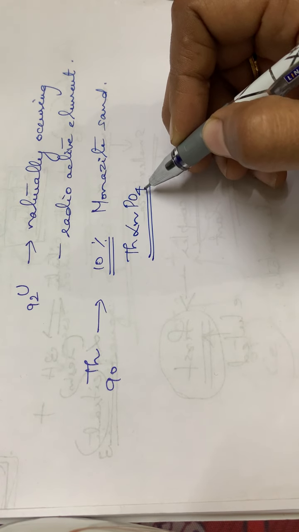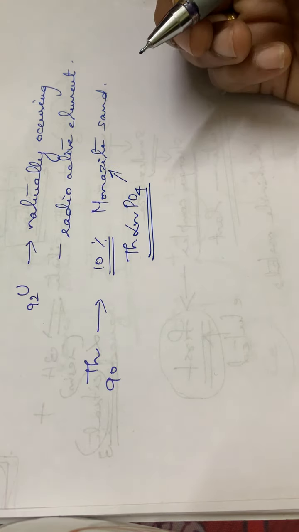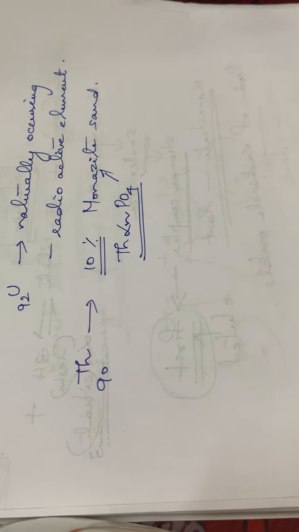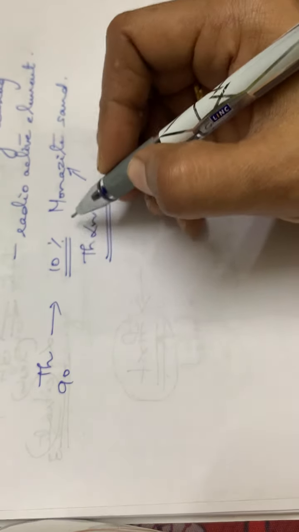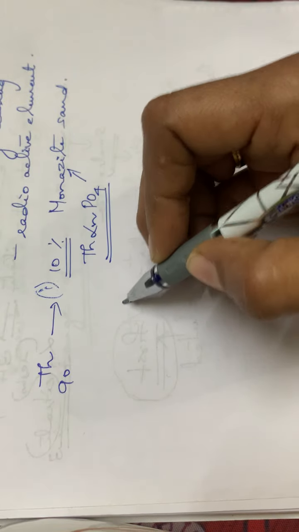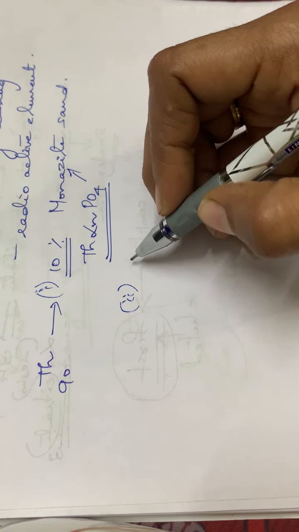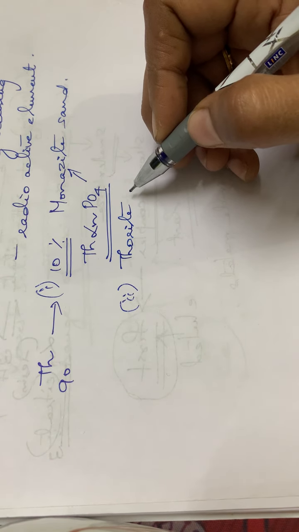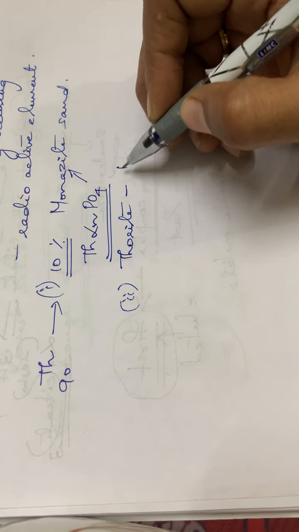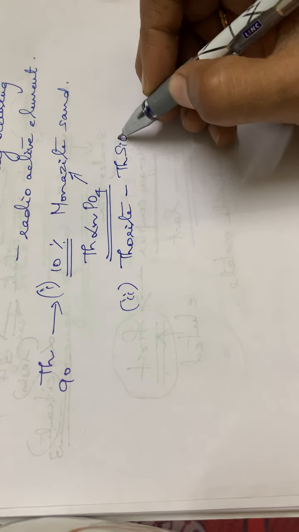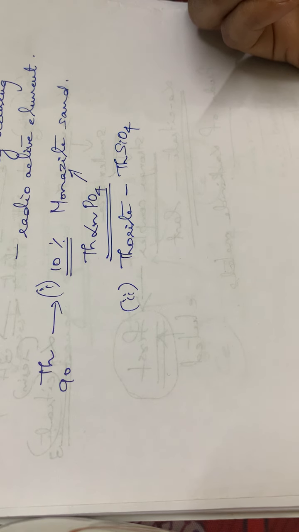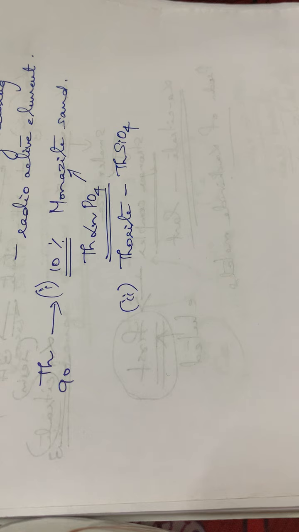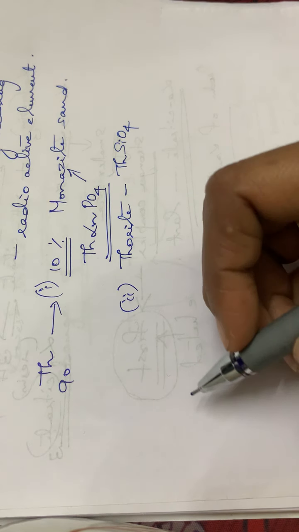In this form thorium is present in monazite sand. The second occurrence of thorium is from thorite, thorium silicate, ThSiO4.